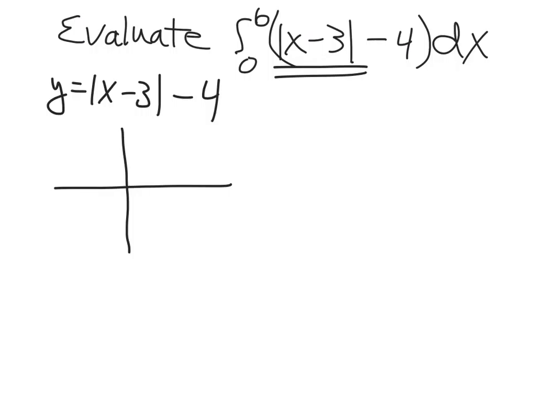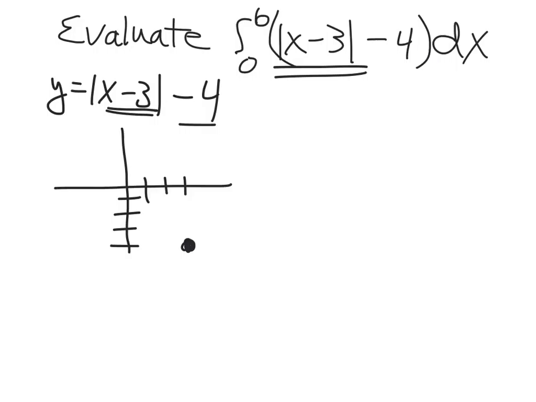Where's the point of the V going to end up? Well, if x is 3, that'll make the inside 0, and then -4 with this last part. So 3, -4.